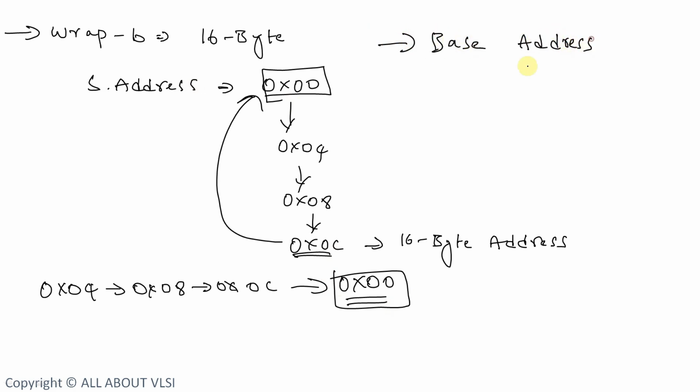Let's see how to calculate your base address. If we have the WRAP boundary and everything calculated, let's say our WRAP boundary is equal to 16 bytes. Now we need to calculate the starting address, or the base address.